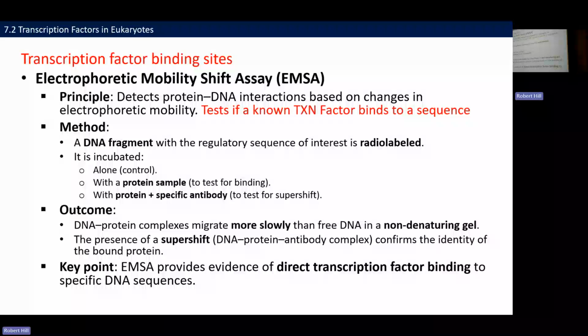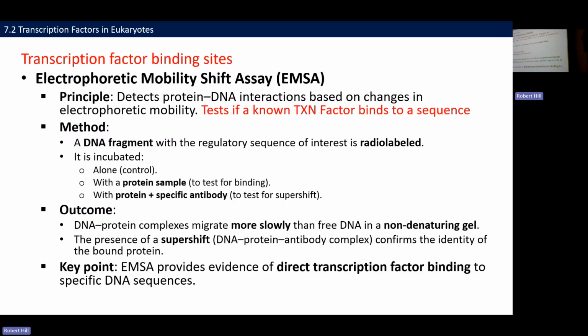All right, so the last part of this section looks at two procedures that can be done in the lab. One is called an electrophoretic mobility shift assay, or EMSA, and the other one is called ChIP, which stands for chromatin immunoprecipitation.